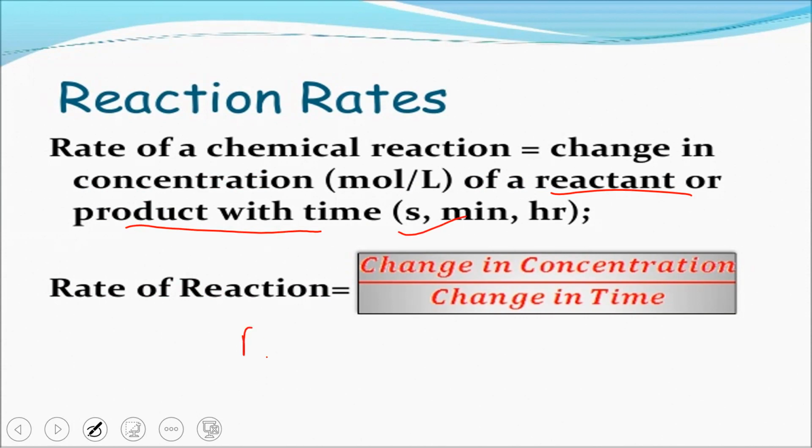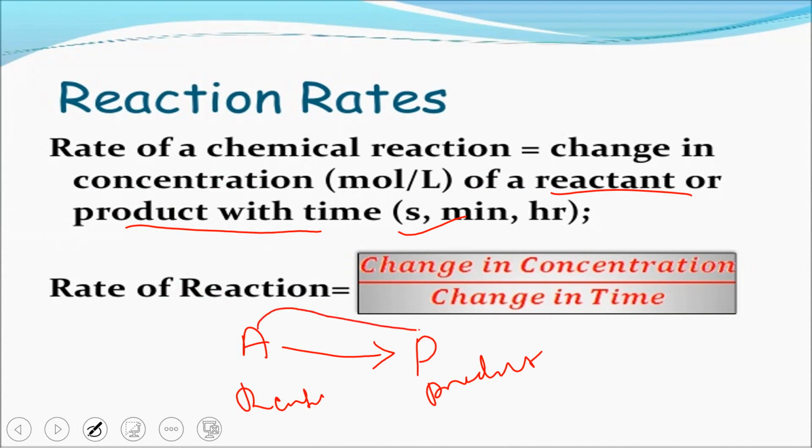If you observe any reaction, for example, A to P, A is the reactant and P is the product. As the reaction goes on, A converts to P as a product. That means the concentration of A gradually decreases, and at the same time the concentration of the product gradually increases with time.